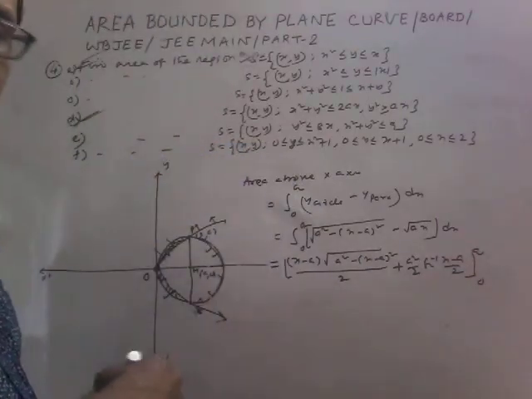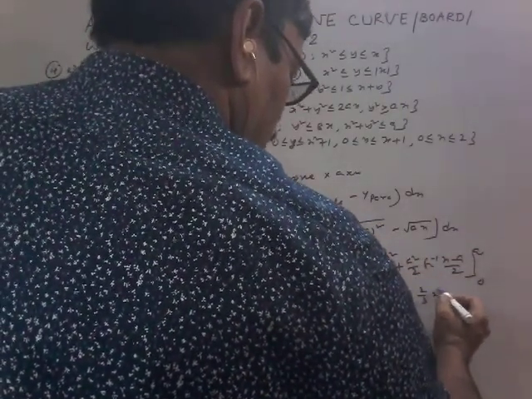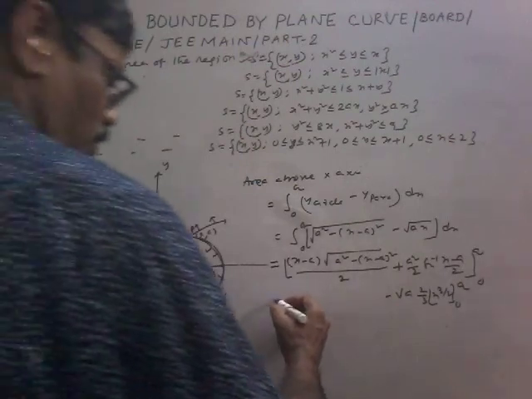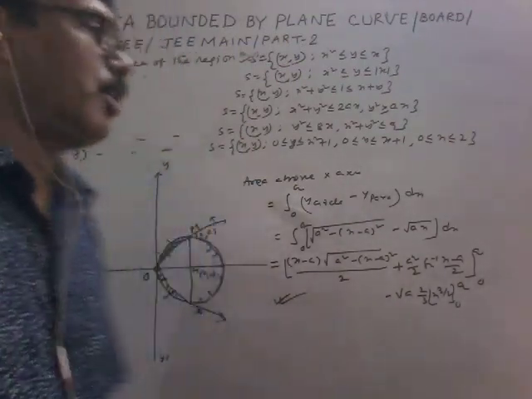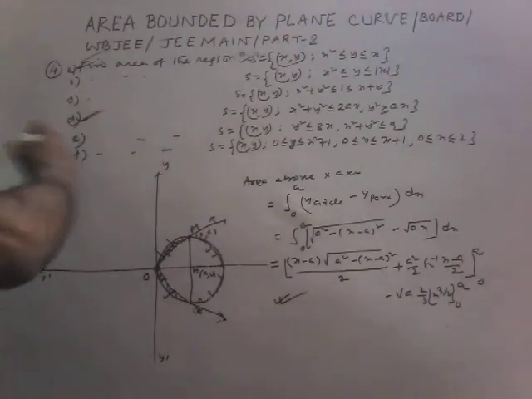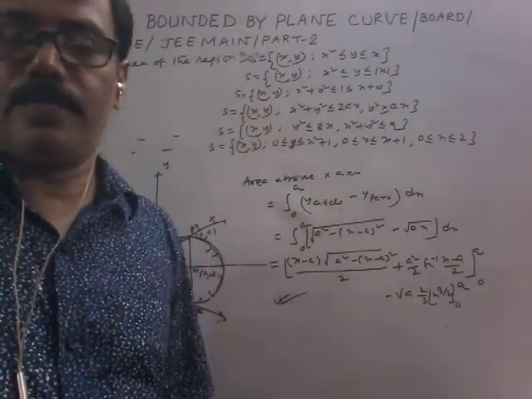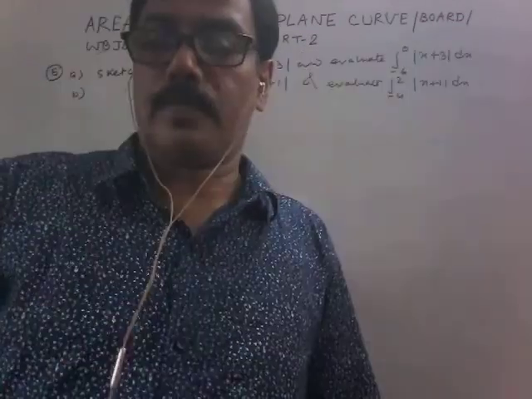This part minus root a times 2 by 3 x to the power 3 by 2, from 0 to a. So you simplify and get the answer. These are given in set notation form. So you solve the rest of the problem.